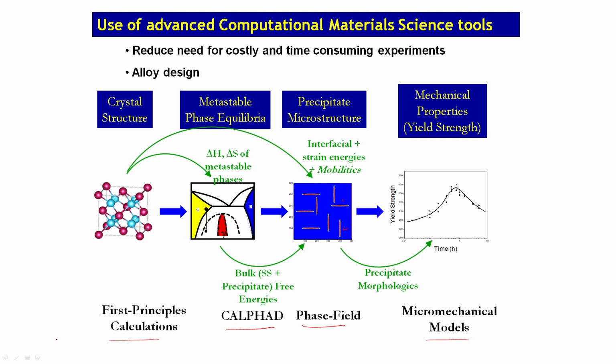So, we can use advanced computational materials science tools to do various kinds of calculations. We can actually use them to reduce the cost and the time consuming experiments. It is widely used for alloy design or other material design.